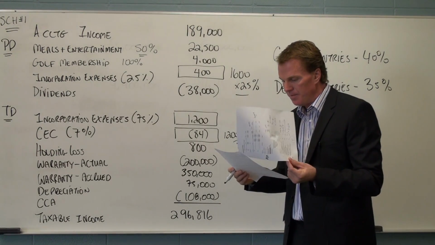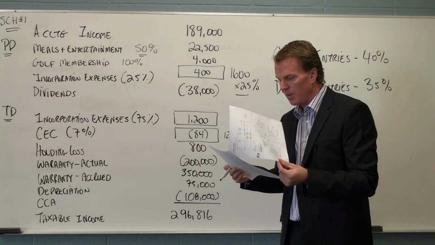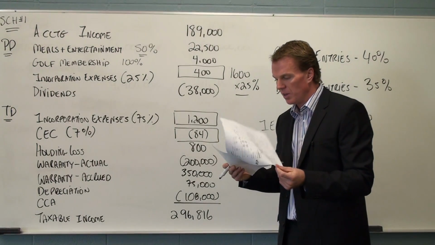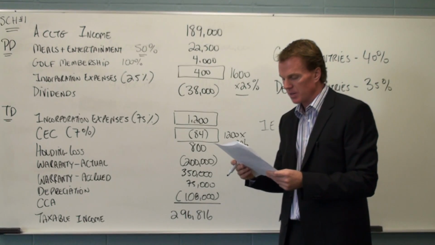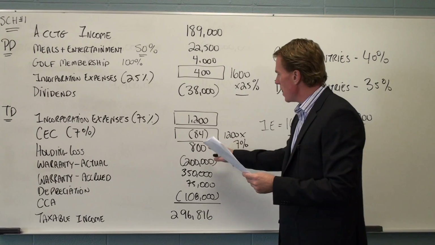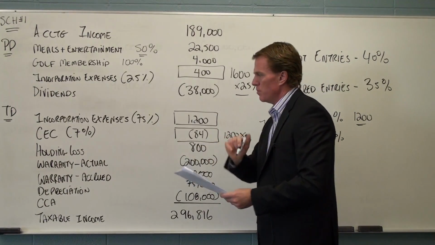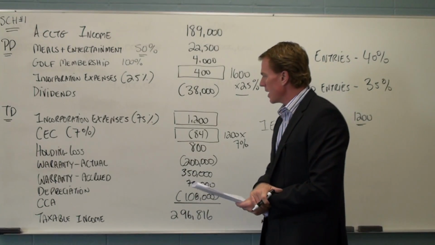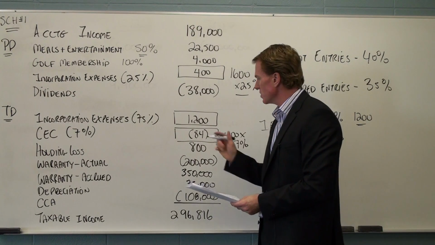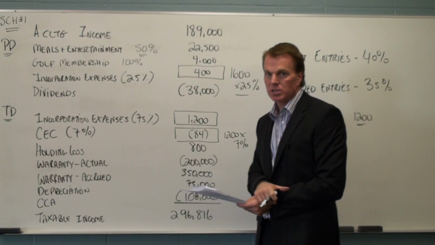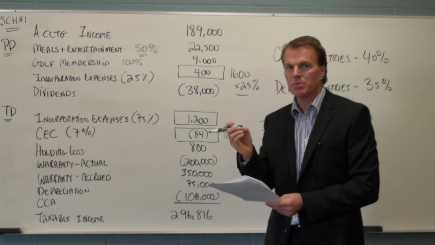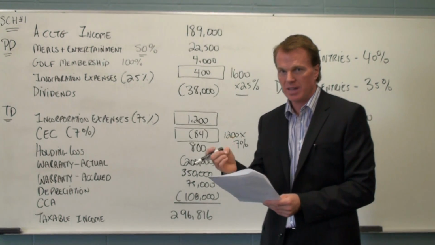Now our next item, what you can see here is number 5, is the holding loss on a couple of investments. We have to add these losses back because for accounting purposes, GAAP purposes, we were allowed to record this loss. But for tax purposes, we have not sold this investment yet.